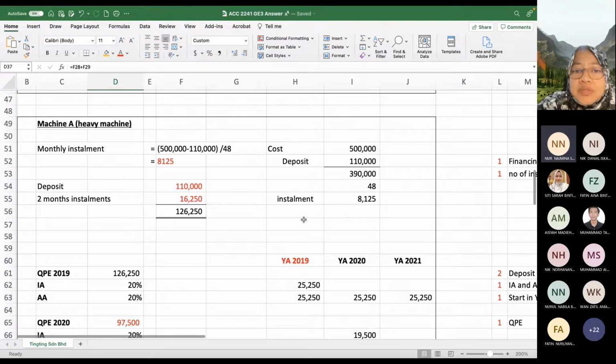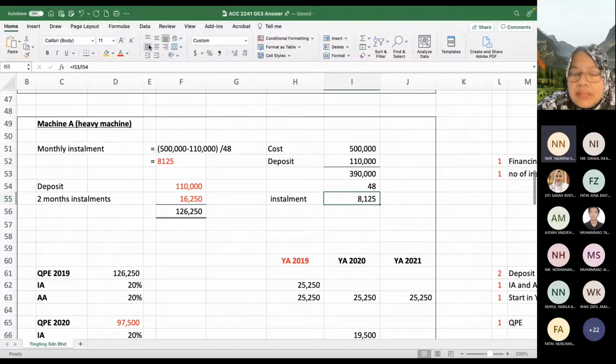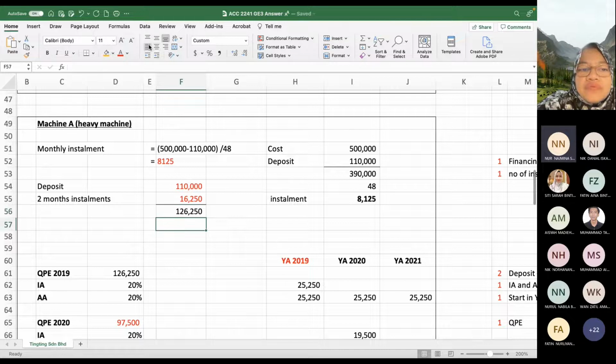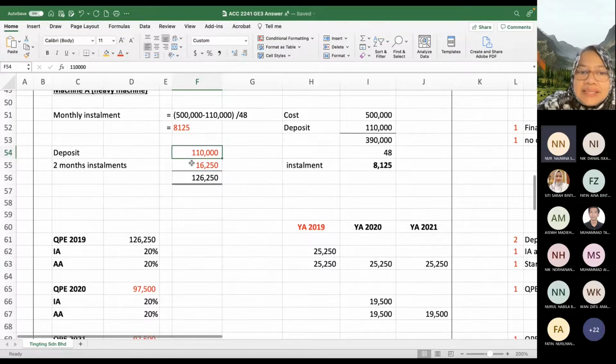Whenever there's a hire purchase, show me your cost and the deposit amount that you paid for the item, and then your installment payment. Using that installment payment, compute your QE for the first year, and remember that under hire purchase, in the first year you do have a deposit, which is part of your qualifying expenditure.